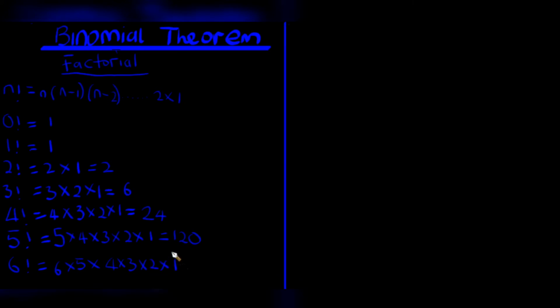So to put the value there, 6 times 5 gives us 30. 30 times 4 gives us 120. 120 times 3 gives us 360. 360 times 2 gives us 720. And 720 times 1 gives us still 720.